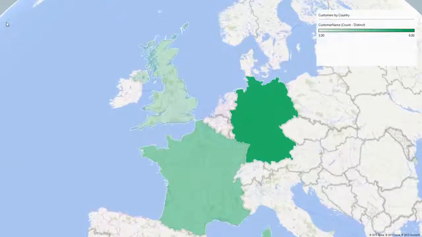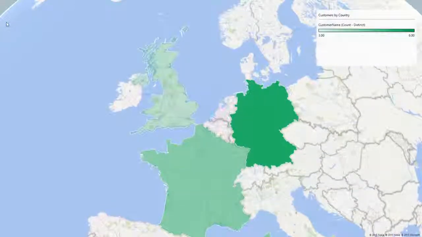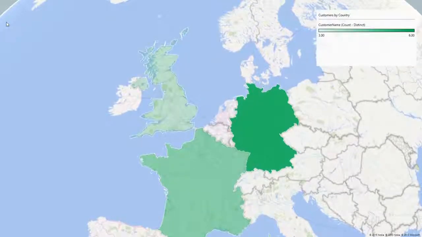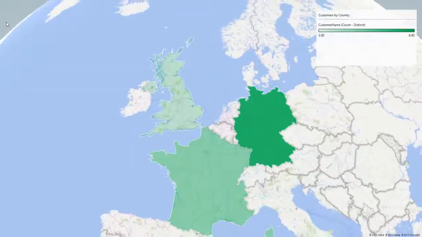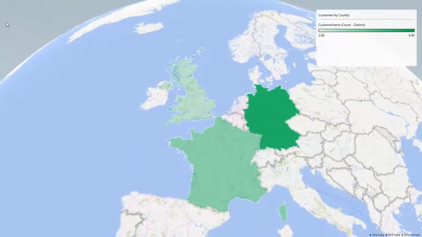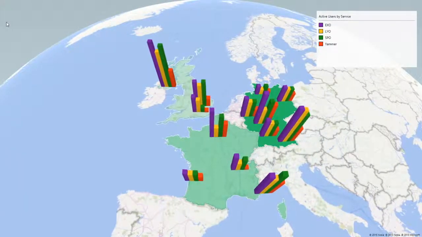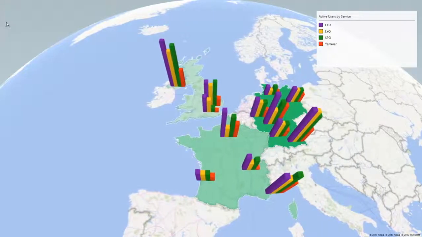But I'm interested in what the customers' actual usage is for these things. What does this look like across my region? I'll let this build out a little bit. This graphical representation shows where my active users are by service.